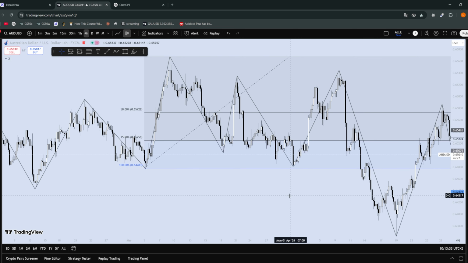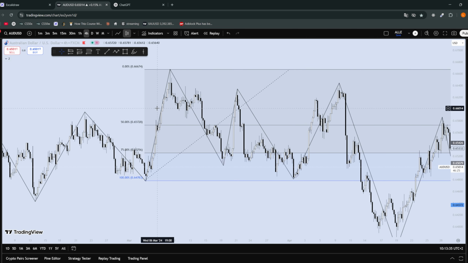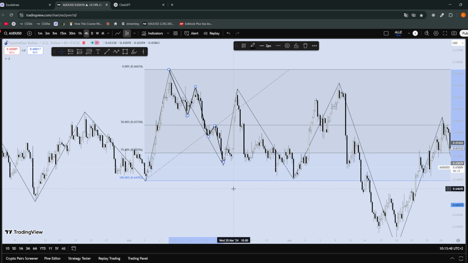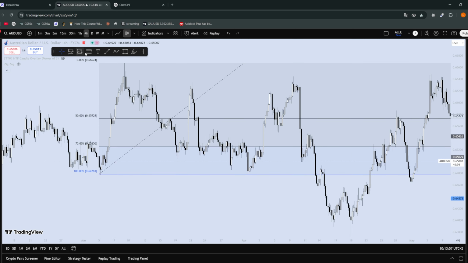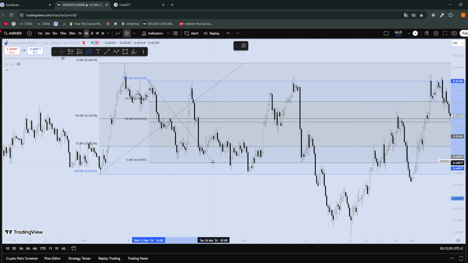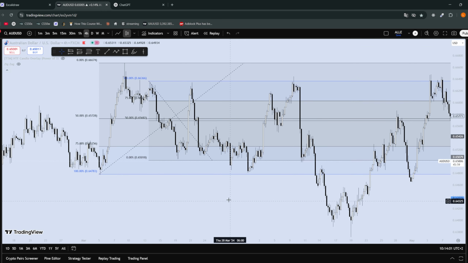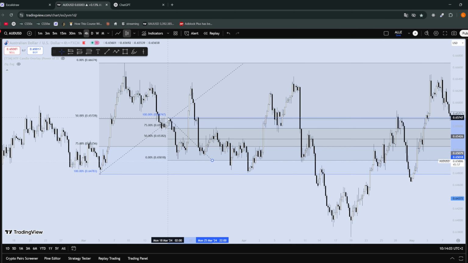In this case, this is not a trade I would have taken because yes, the market structure is trending up, but the recent market structure is trending down. So this is not a trade that I would have taken. Maybe this one is a trade that I would have taken. Yes, but maybe this one too.